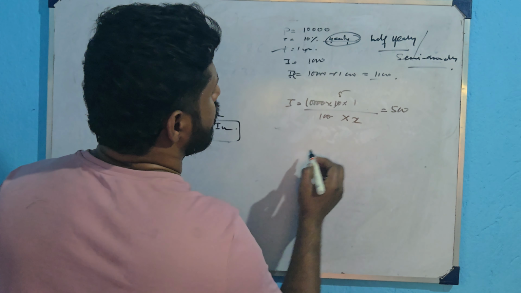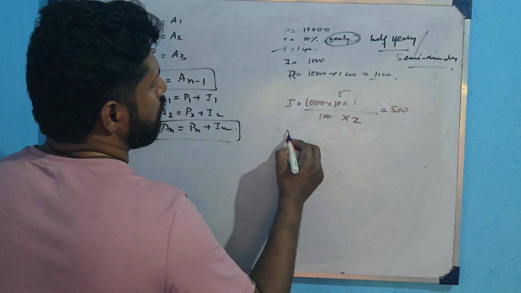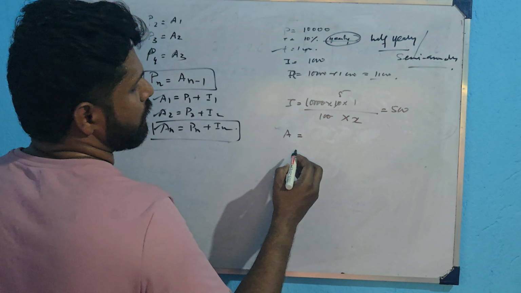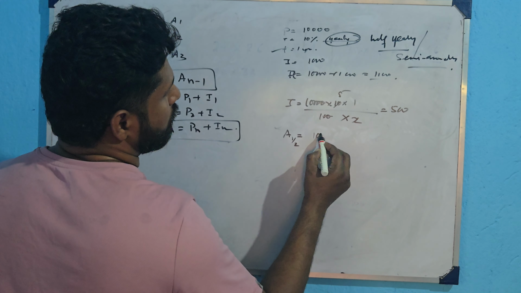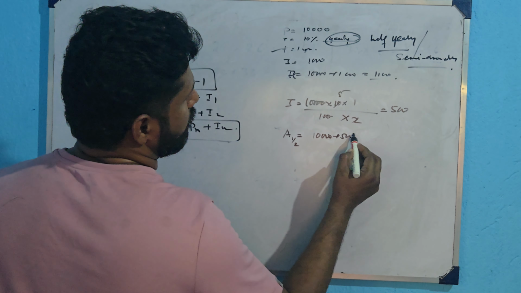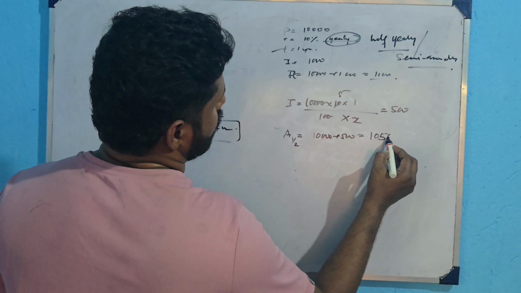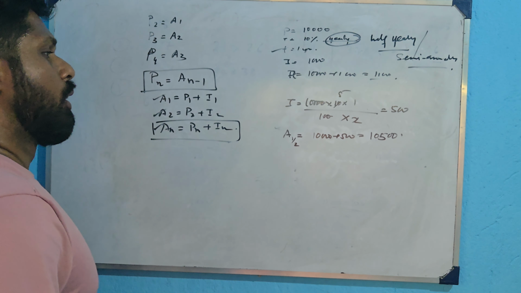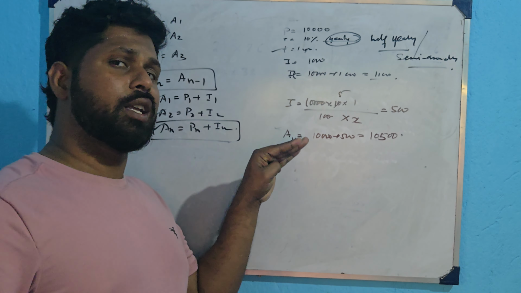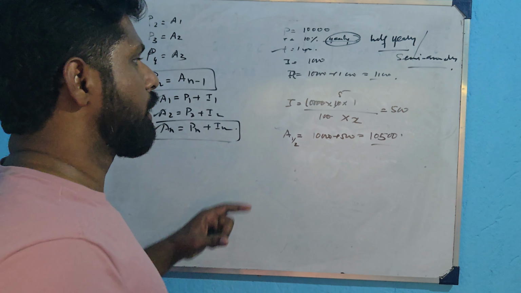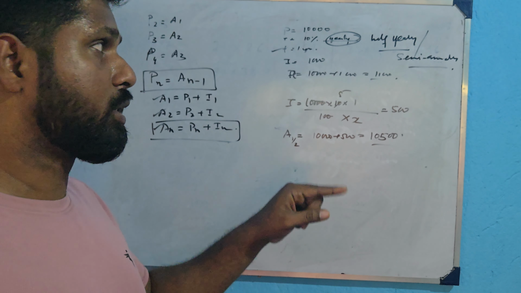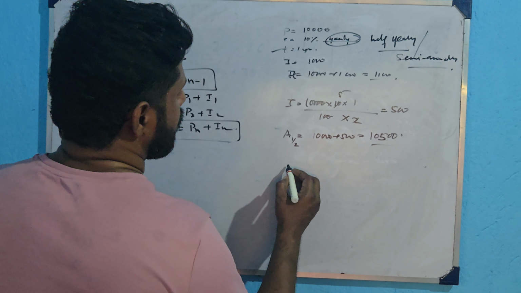So it will be 500. So amount after 6 months, for the first half, is 10,000 plus 500, which will be 10,500. So we will calculate the interest for the next 6 months with the new principal. The new principal we will get after 6 months because it is semi-annual.